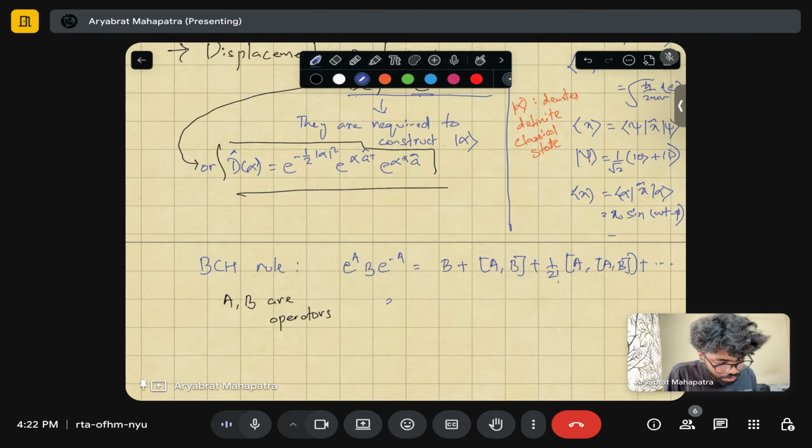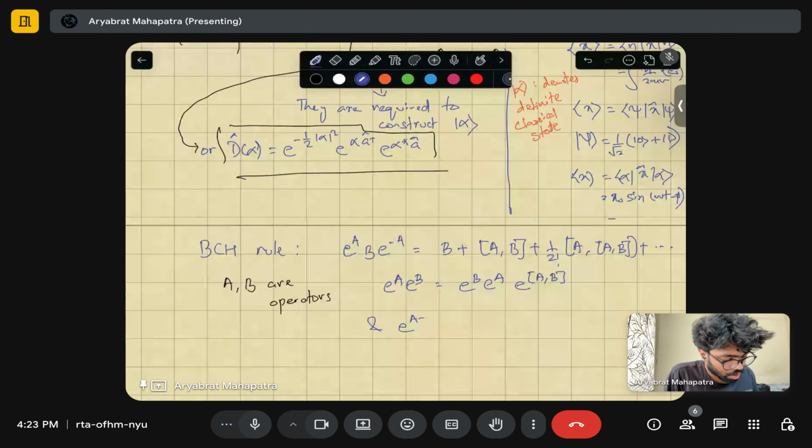And if you write exponential of A, e^A and e^B, then it is e^B, e^A, then exponential of the commutator of A, B. I will let you know soon why these are important.